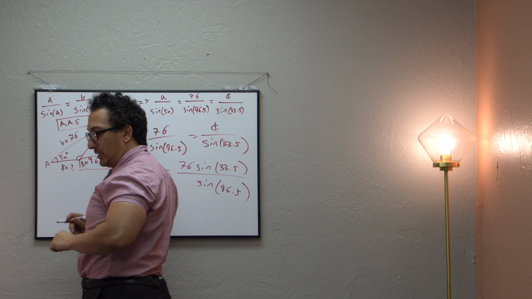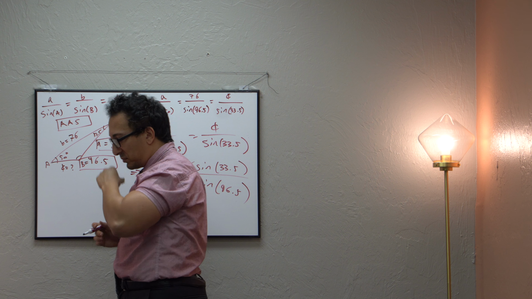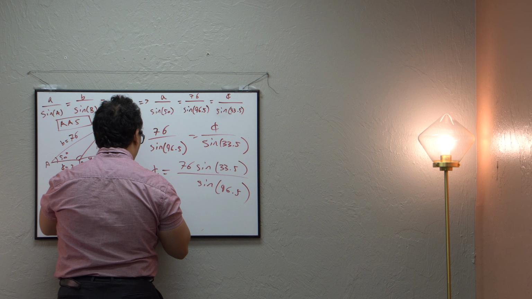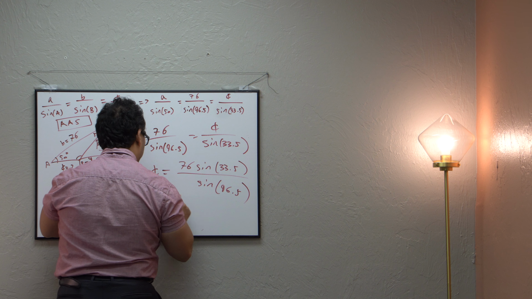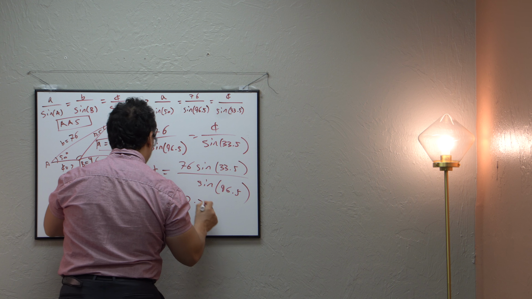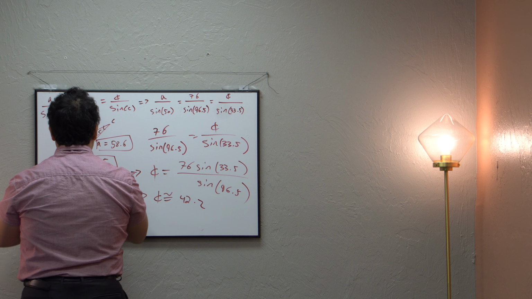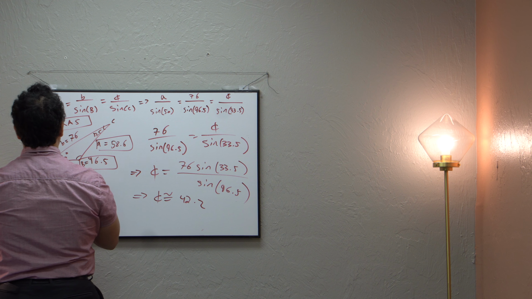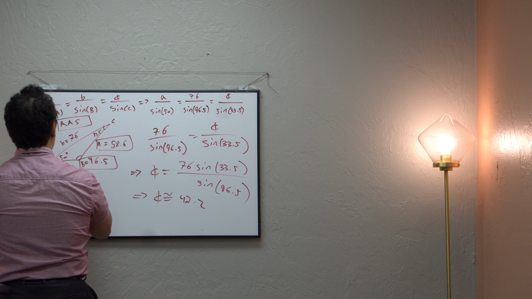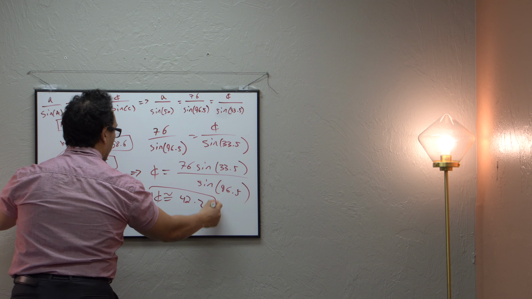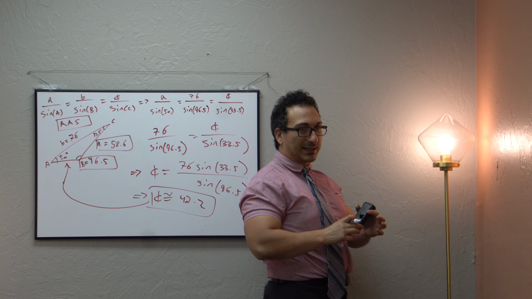And c, when you plug it into your calculator and approximate, is approximately 42.2. So now this little c is no longer unknown. We know that it's 42.2. So we'll put that in a box.